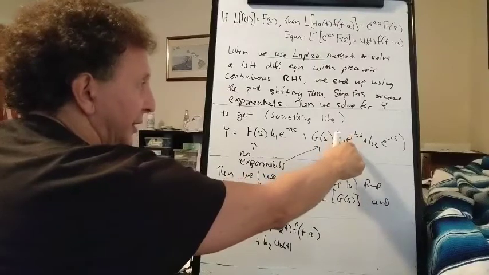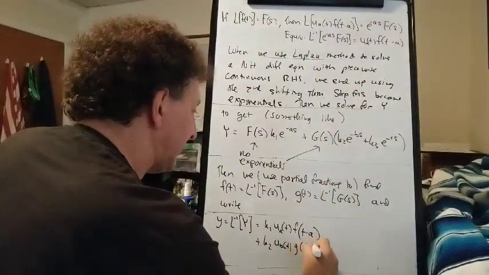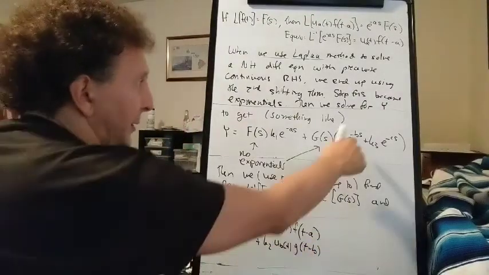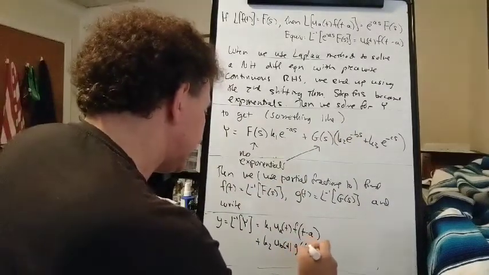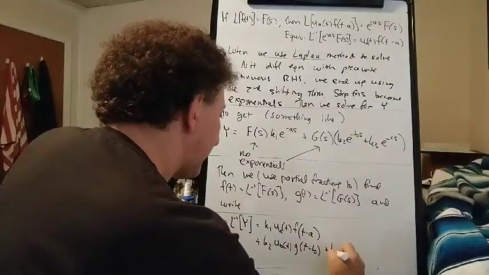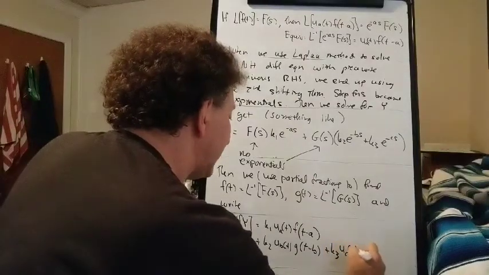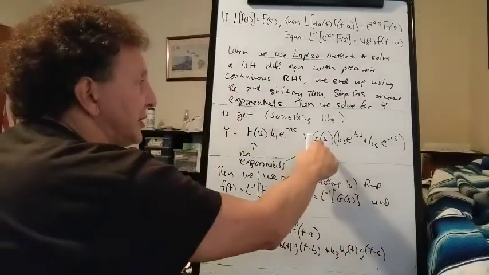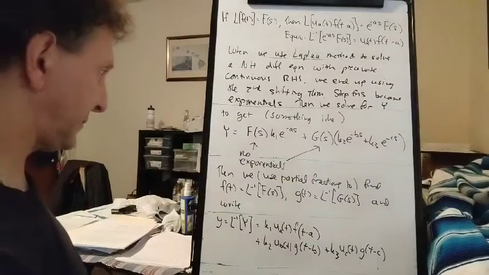B comes from the second exponential, or the exponential next to G of s. G of t minus b, we're shifting the variable in g by the number we saw in the exponential, plus k3 uc of t, g of t minus c. Here we're shifting little g by the number in the exponential there.